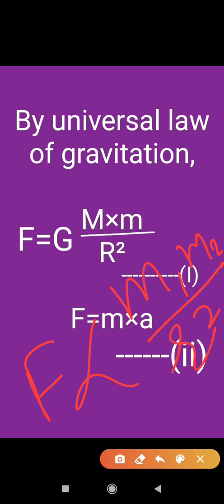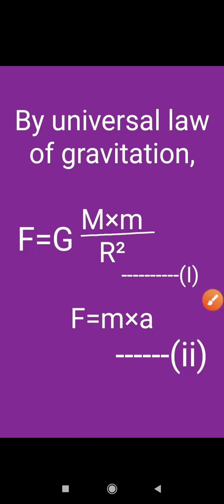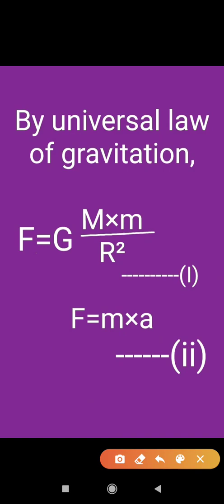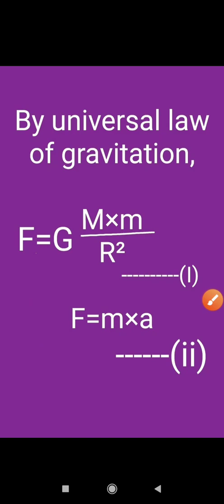When the proportionality sign is removed, we get an equal sign along with capital G. So we get this formula, which we consider as equation number 1: F is equal to G M m upon r square. Capital M is the mass of the earth, small m is the mass of the body, and r square is the square of the distance between the body and the center of the earth.